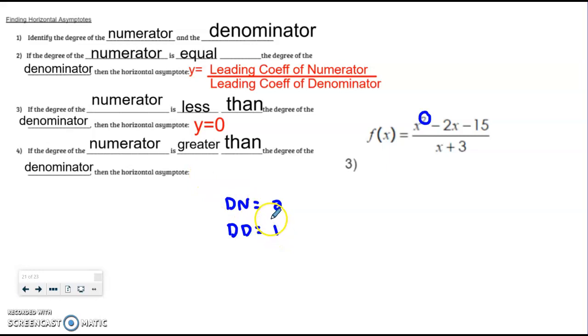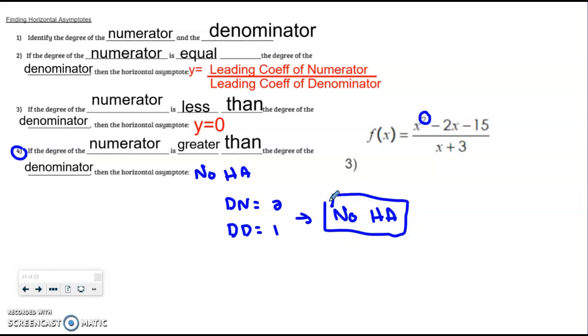So in this situation, the degree of the numerator is greater than the degree of the denominator. And what did we say about that? It has no horizontal asymptote. So in this case, there are no horizontal asymptotes.